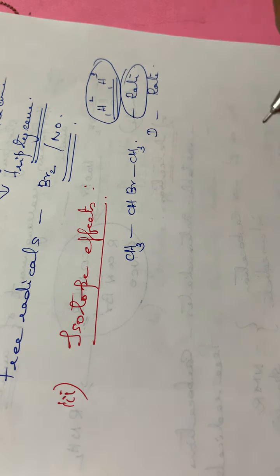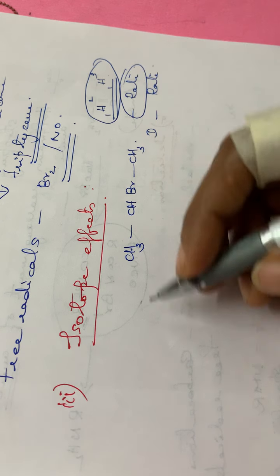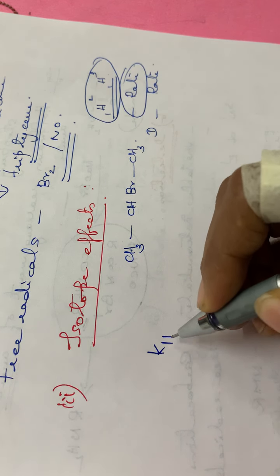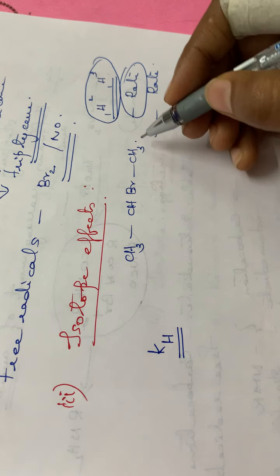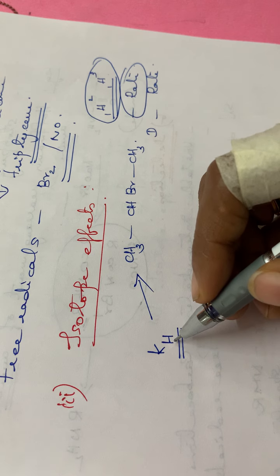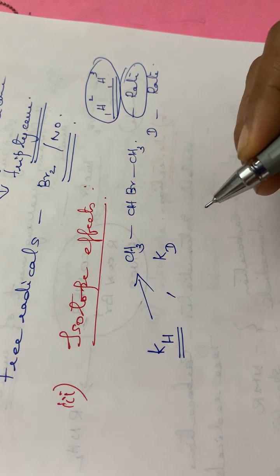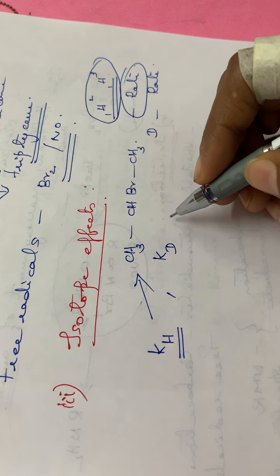Okay, if we are using, instead of hydrogen, deuterium or tritium, the rate will be changing. And also the rate will be expressed in terms of, if it is hydrogen, we can say the rate is Kh. We can represent it by the rate constant Kh. If it is replaced by deuterium, the rate constant is Kd.